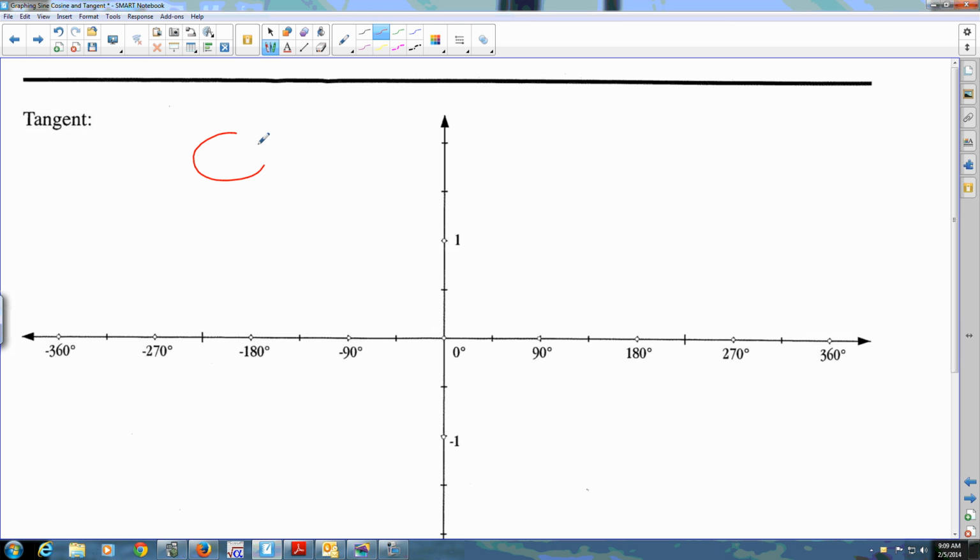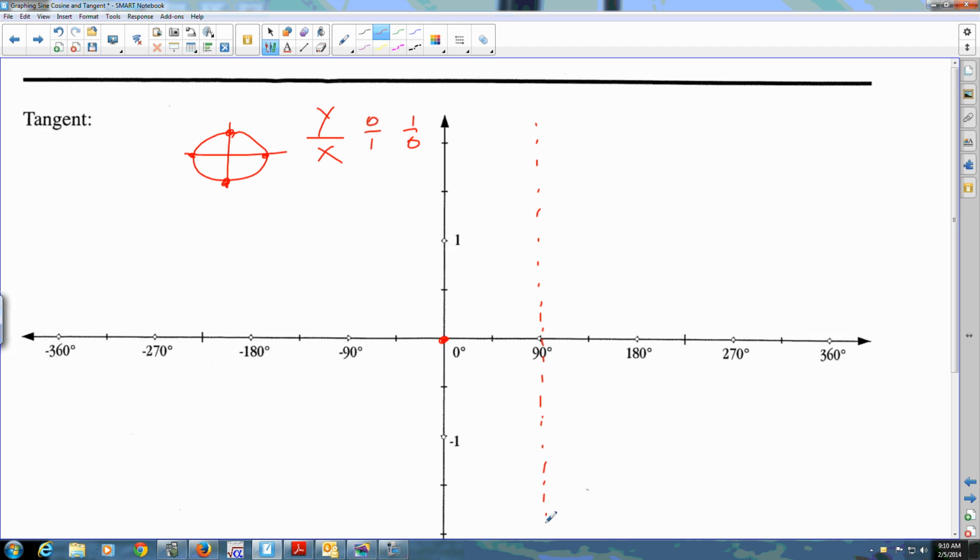For tangent, remember that tangent is y over x. Looking at those four corners that I was just referencing to do the other graphs, when you're at 0, that's 0 over 1, so it's 0. At 90, you're 1 over 0. So at 90, it's undefined. Whenever you're dividing by 0, you create a vertical asymptote.